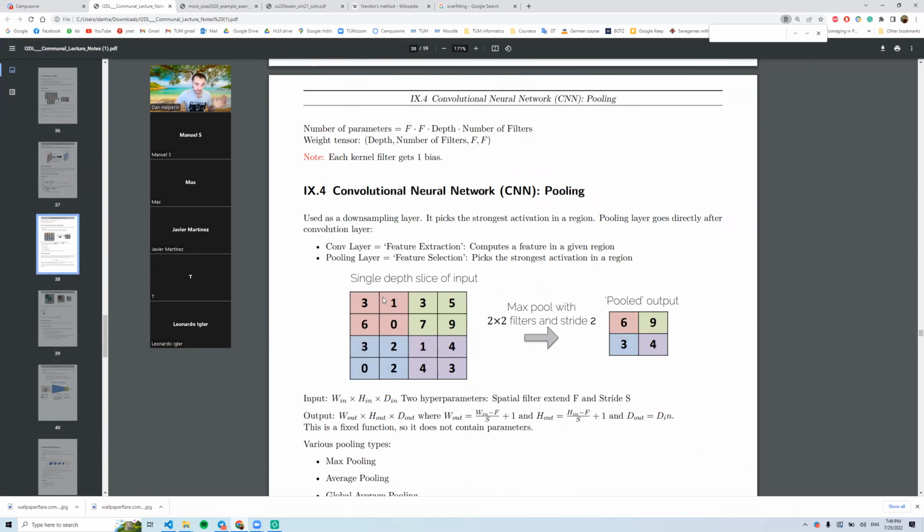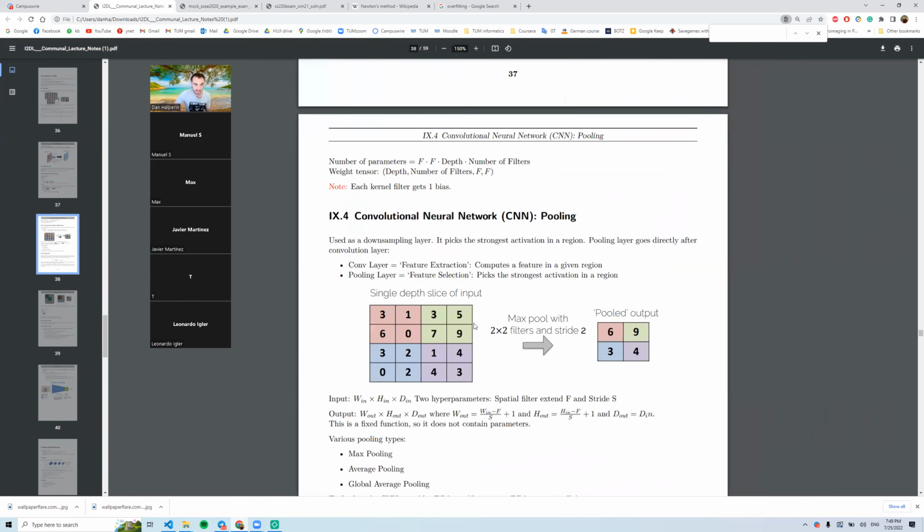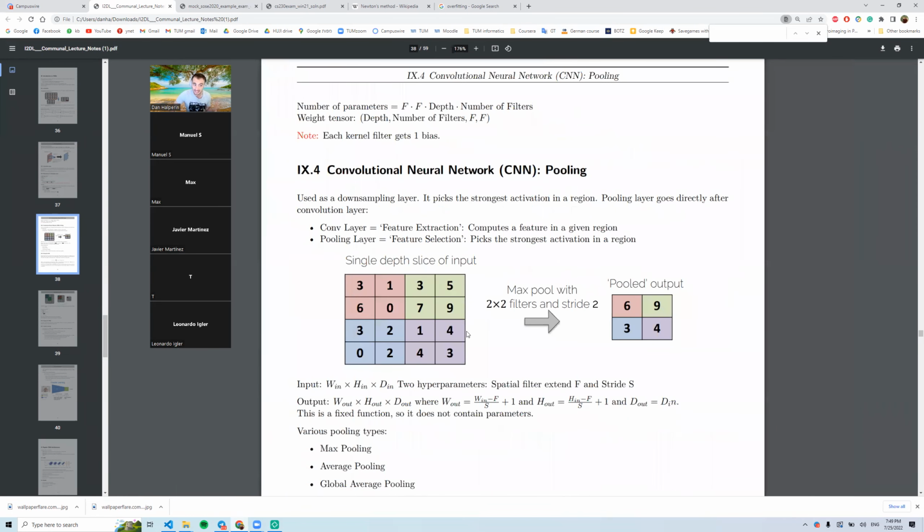For example, average pooling is not the same; average pooling gives all of them the same derivative. But max pooling, like with ReLU, we took the max function on the kernel, so all those that are not the max value get 0, and the most activated neuron, the highest number, gets 1.